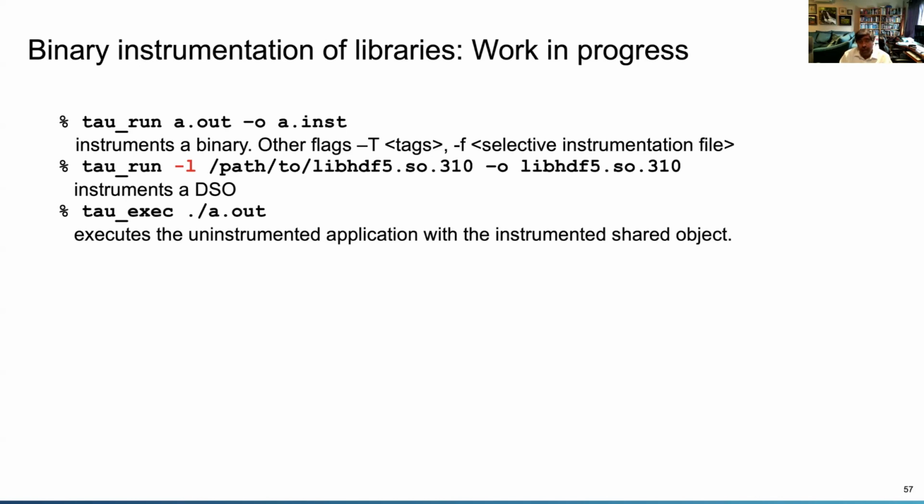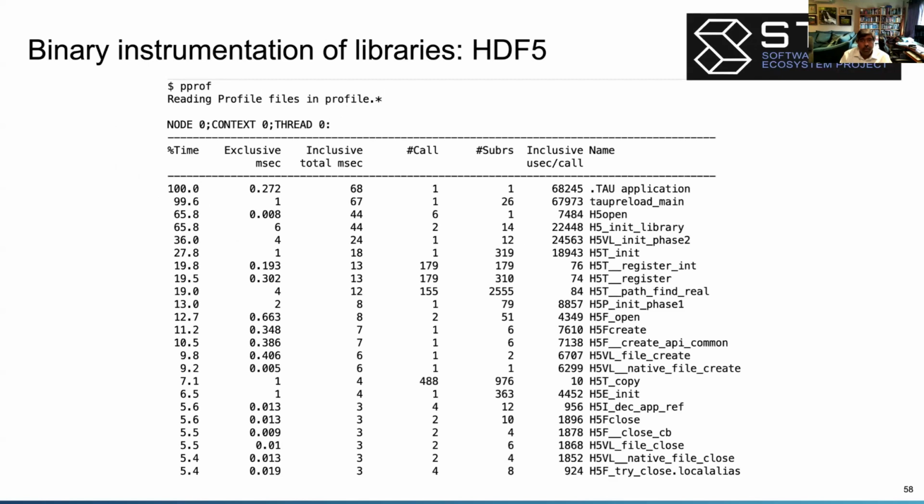Now, what happens here is that your application is uninstrumented, but you're using an instrumented libhdf5, and then you can generate profile data. You can even supply a selective instrumentation filter file and say, I'm only interested in the high-level API. Here is the include list, which has H5 hash or the clean star.